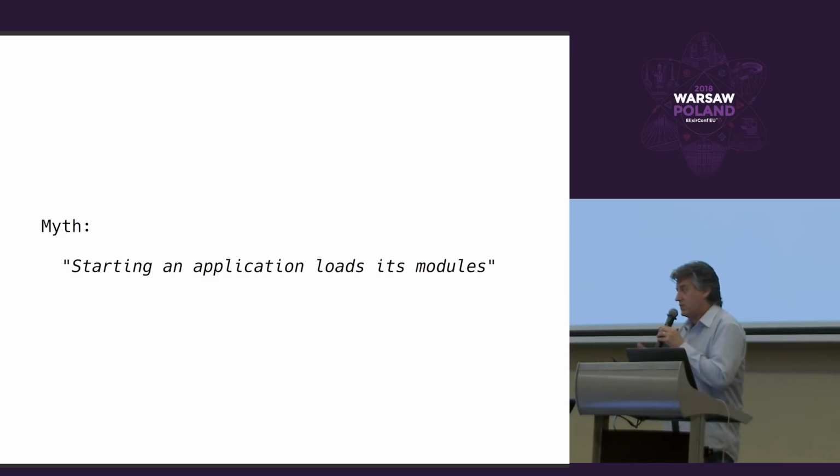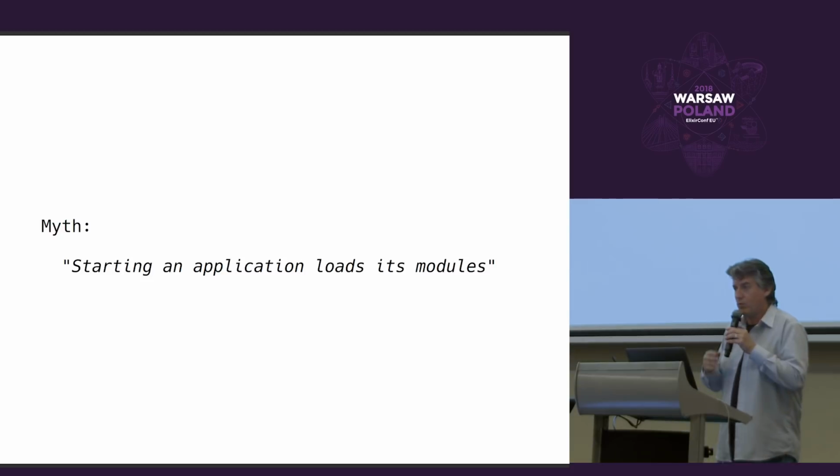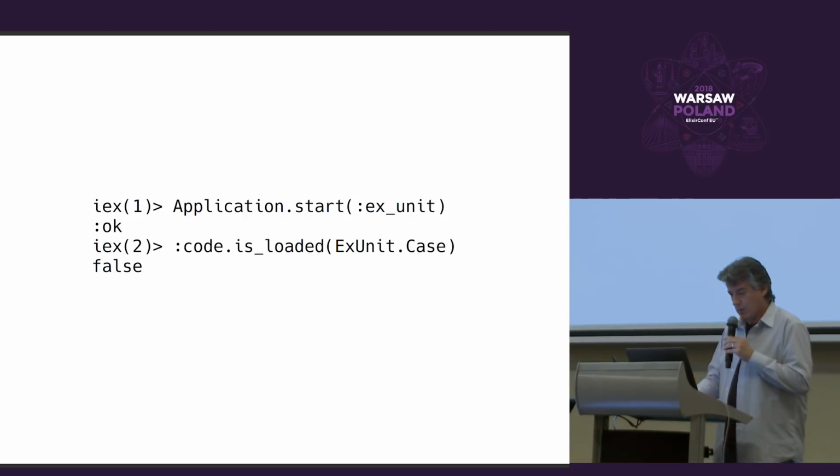In embedded mode, this is disabled, and everything is loaded when the node boots, in something called the boot script. Everything is eagerly loaded before the applications start. So it has nothing to do with loading or starting applications.